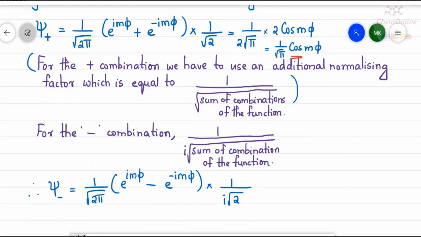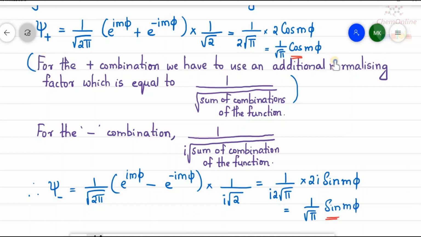Similarly here, this will be equal to 1 by i 2 root pi into e raised to im phi minus e raised to minus im phi, and that is 2i sin m phi. So this is equal to 1 by root pi sin m phi. So we got xi plus equals 1 by root pi cos m phi and xi minus equals 1 by root pi sin m phi.